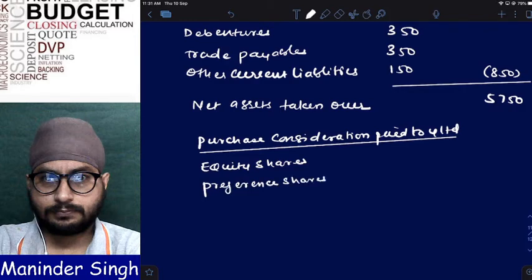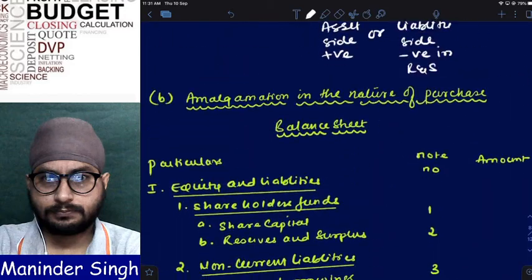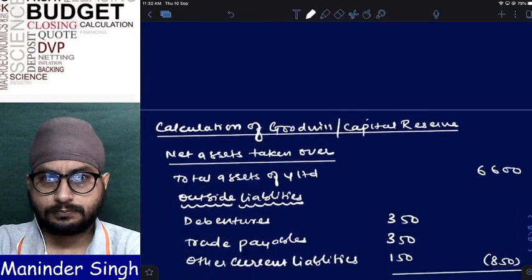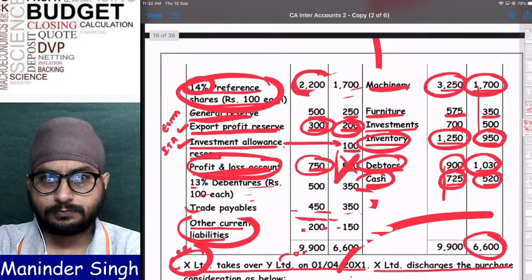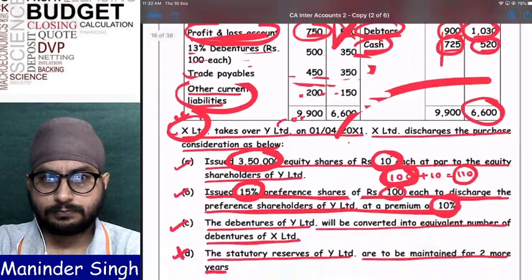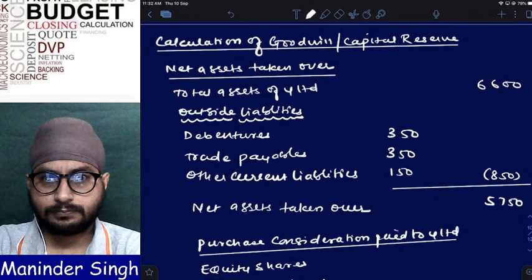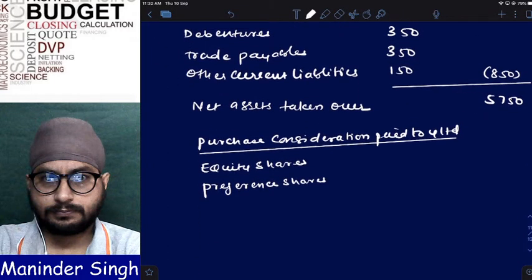Okay, let us see the question itself directly. Equity shares, how much? 3,50,000 equity shares of 10 each. How much? 35 lakhs, right? So it will be 3500.